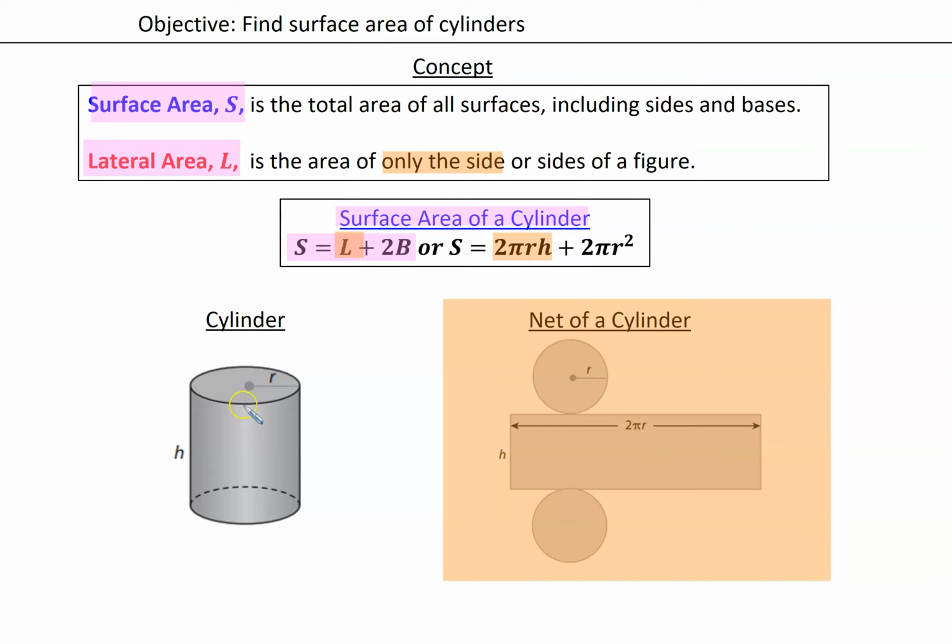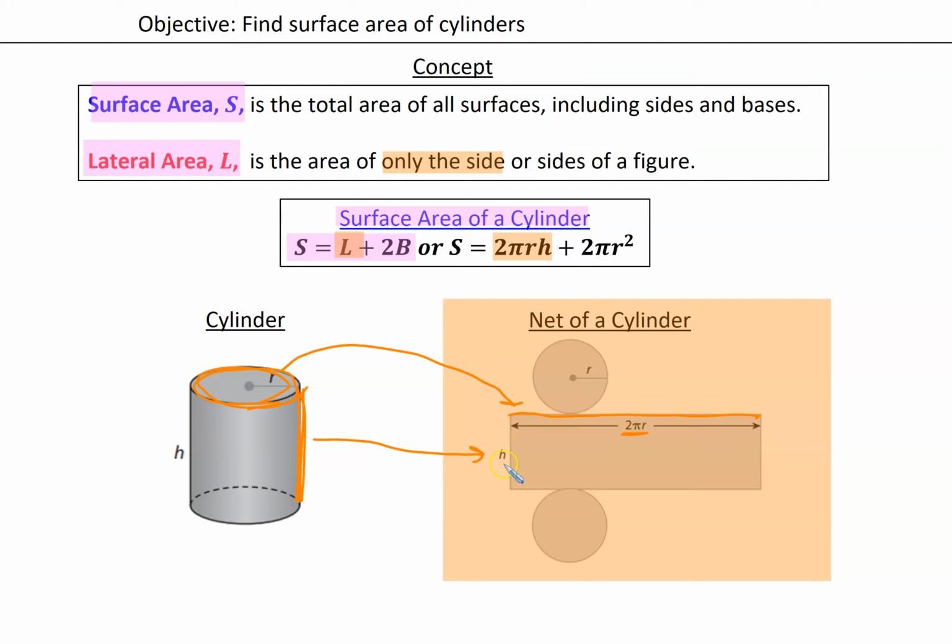Because the rectangle is wrapped around the edge of a circle, when that's unfolded, that becomes this line right here, and that measurement is, notice, the circumference of the circle, so it is 2 pi r. And this measurement right here, which is the height of our cylinder, is the other measurement of that rectangle that we get.